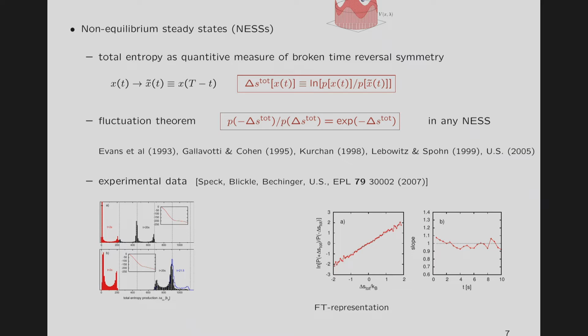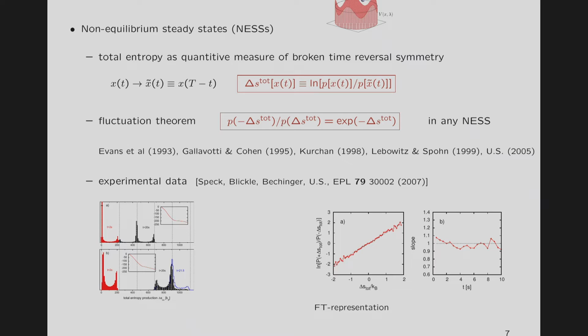So let me show you how this distribution looks like for this kind of situation. We did this experiment 15 years ago with Clemens Bechinger. So here you see the red histogram is the entropy production after 2 seconds. The black one here is after 20 seconds. So these are non-Gaussian, strange distributions. However, when you plot them in the way that you compare the probability of getting negative entropy production, you find in the logarithmic representation a straight line.